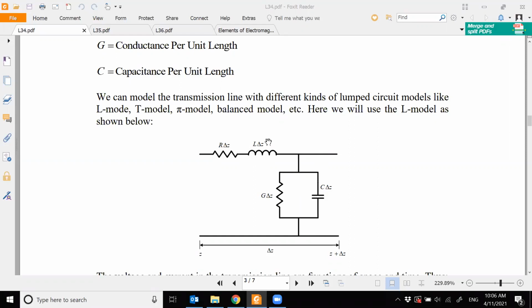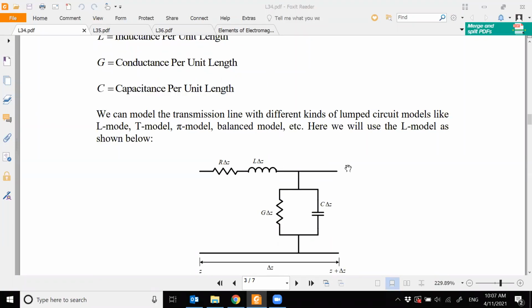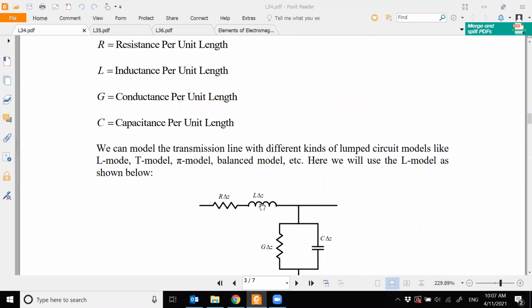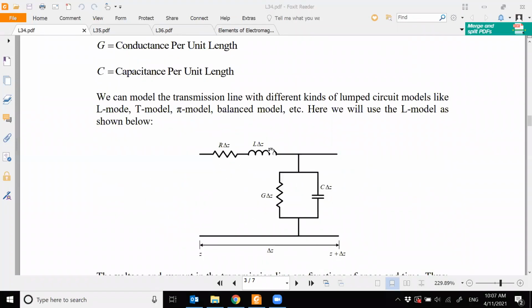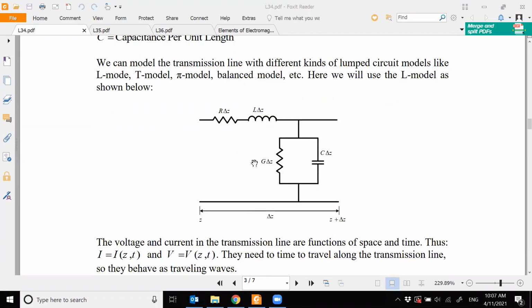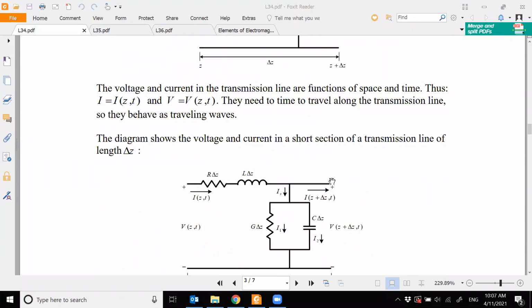And we know that if any metallic conductors carry current, then you will see the inductance because of the two conductors. Okay, and then we solved it.